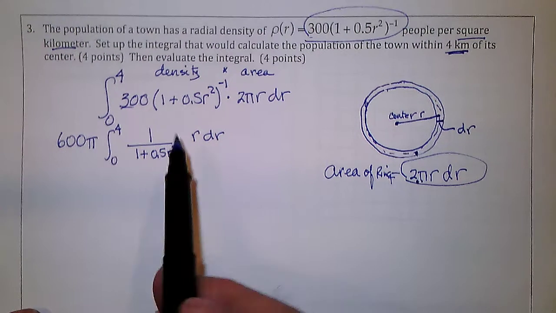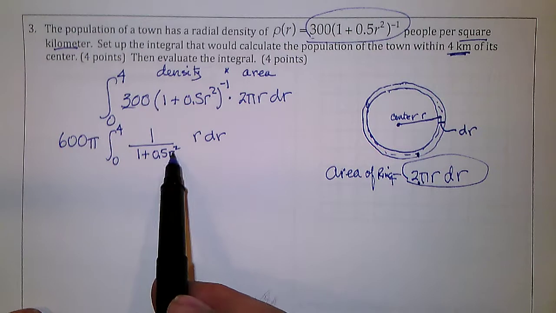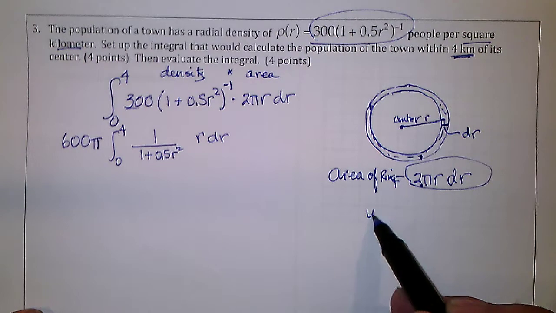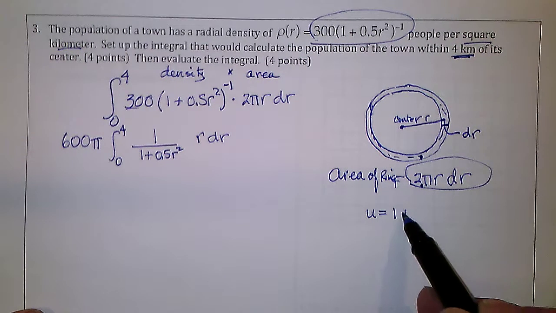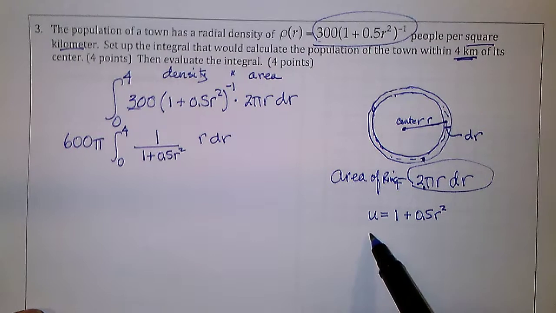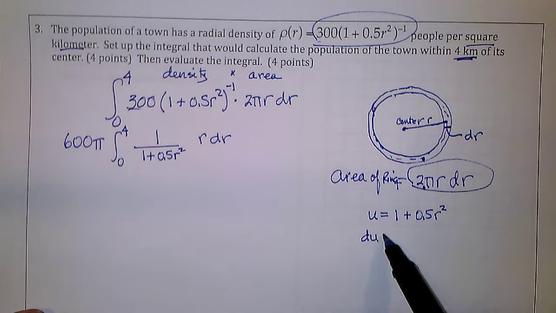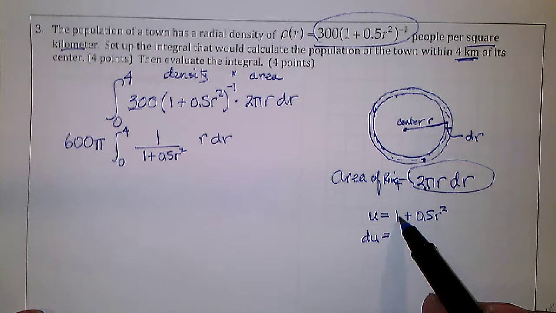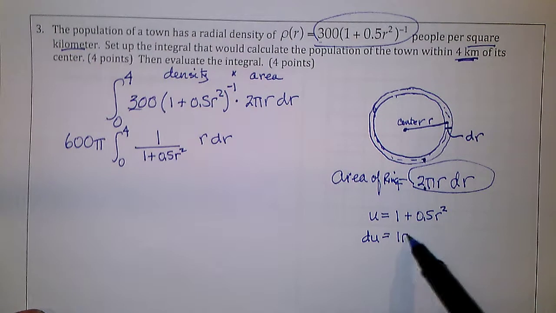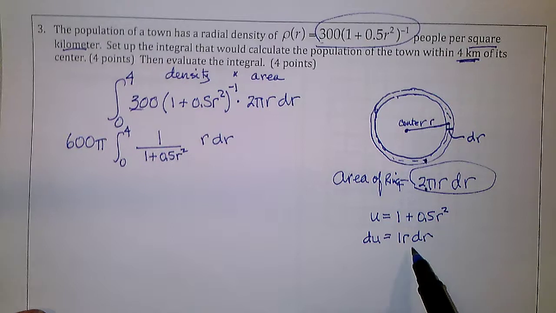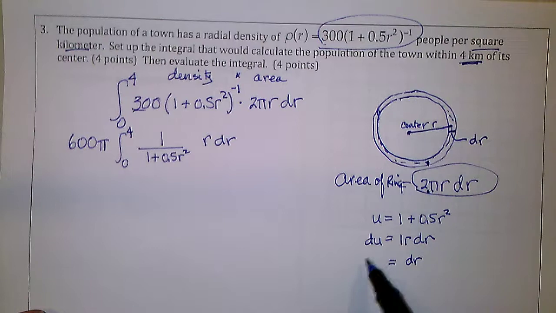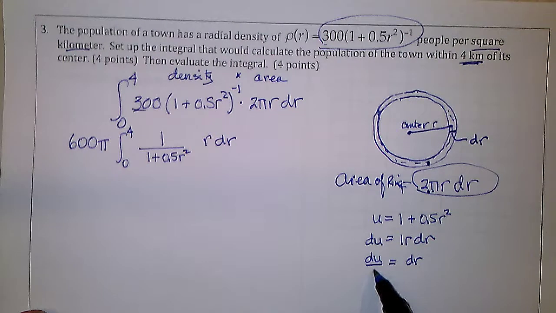Okay, well, the derivative of this will produce an r, so I'm going to let u be the 1 plus 0.5 r squared. Then du equals, derivative of 1 is gone, 2 times a half is 1, r dr. So dividing both sides by r, I get dr to be replaced by du over r.